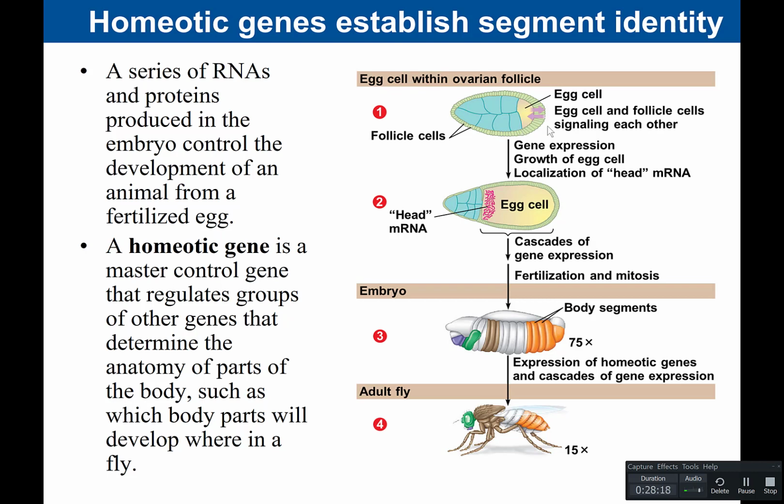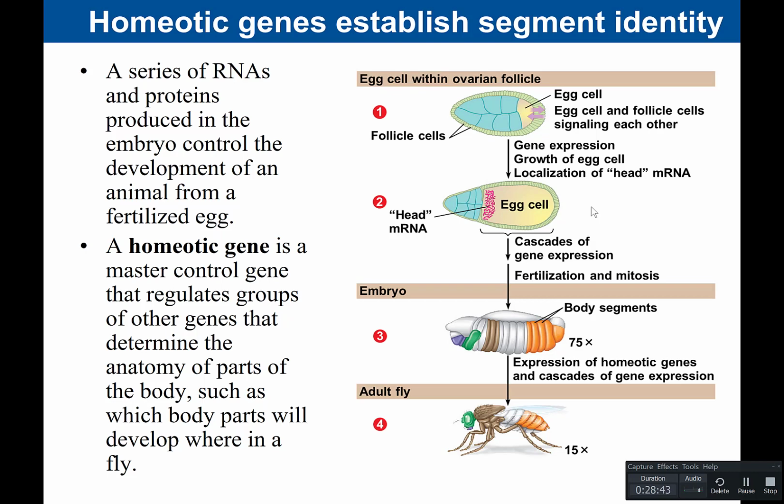Now, the egg cell and the follicle cells are going to signal with one another, and that is going to lead to gene expression and growth of the egg cell. It also will lead to localization of head-type mRNAs, meaning it's going to turn on expression of genes that tell the organism that that end is head.